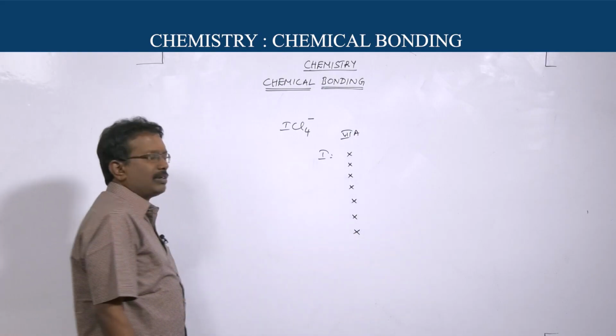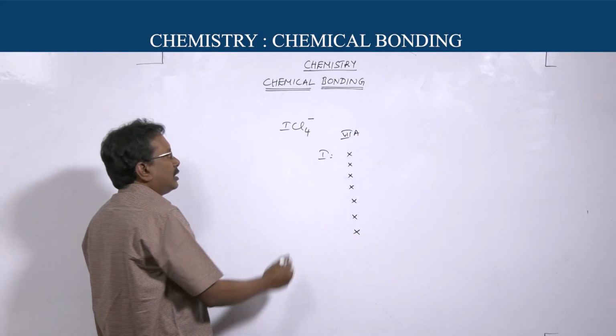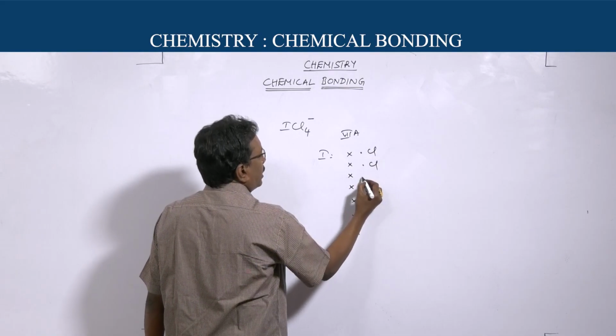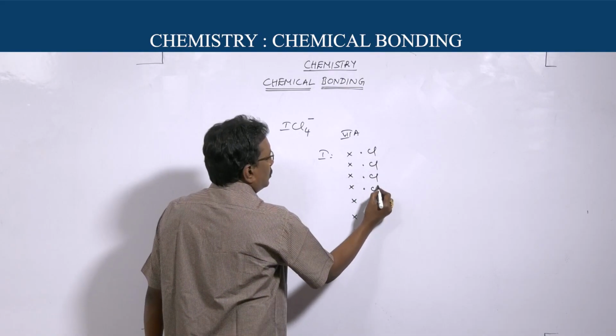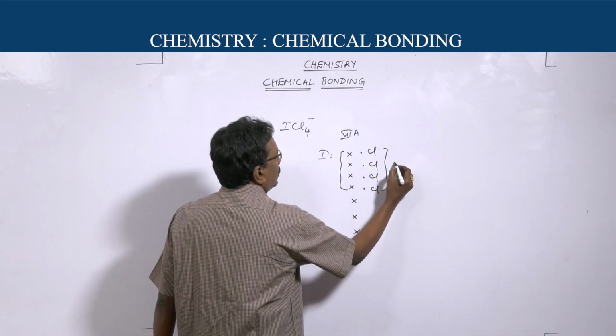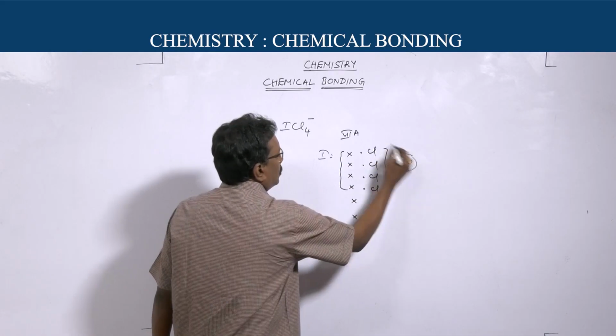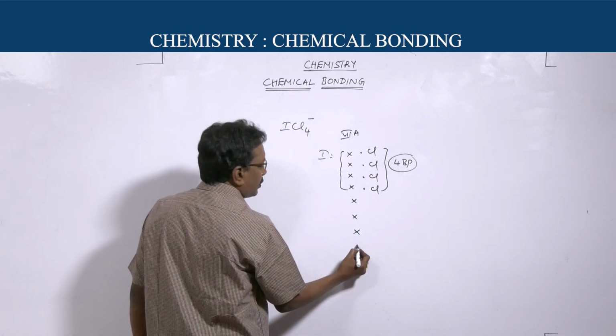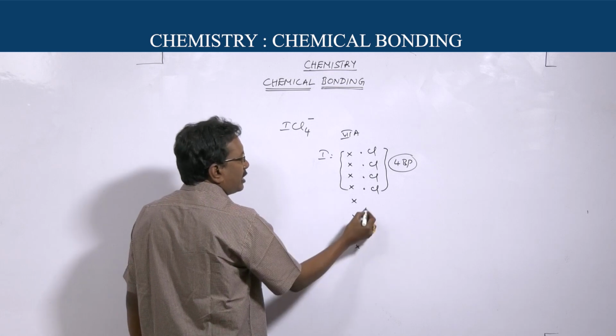It has 7 valence electrons and we have 4 chlorines: first chlorine, second chlorine, third chlorine, fourth chlorine. That means totally we got 4 bond pairs. Because of the negative charge, I am writing one extra electron here.